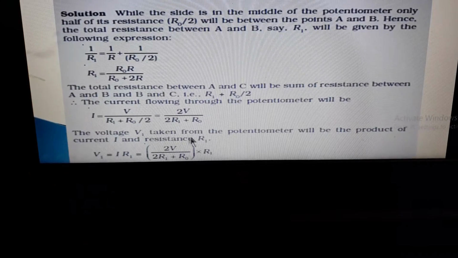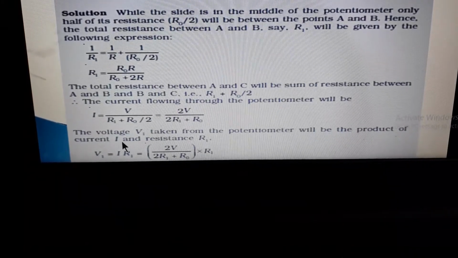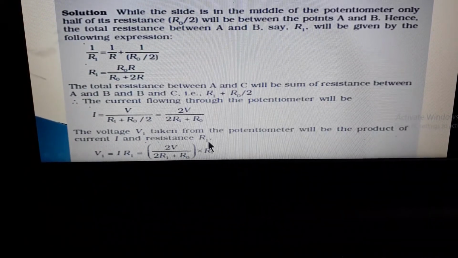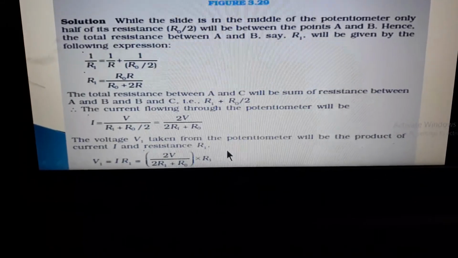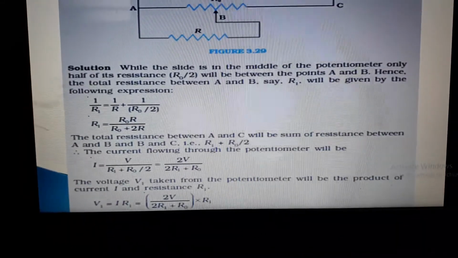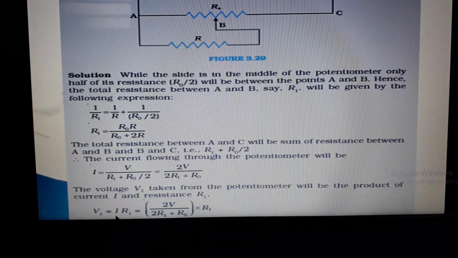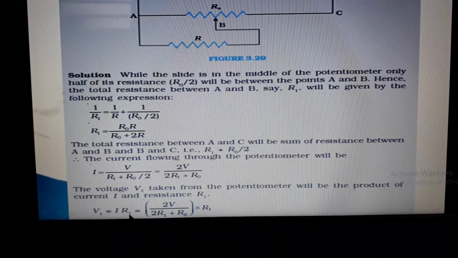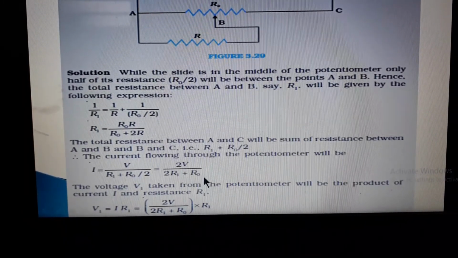The voltage V1 taken from the potentiometer will be the product of current I and resistance R1. You know from Ohm's law that R is equal to V by I. So V1 is equal to I into R1. I means this one, 2V upon (2R1 plus R0).